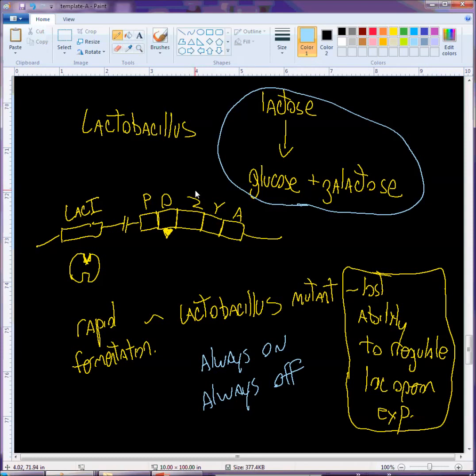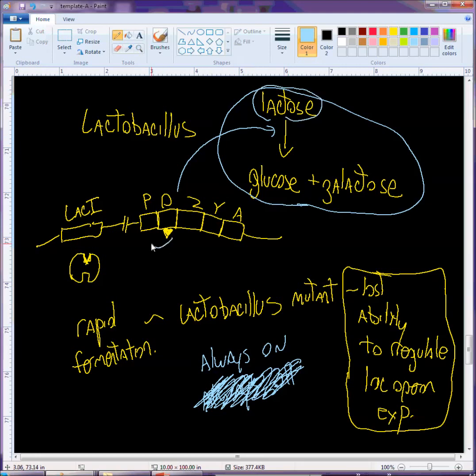Well, the wild type strain is usually off, and usually the lac operon needs to be induced. Turn this on. So I'm guessing that it's now always on. So it doesn't matter if lactose is there.